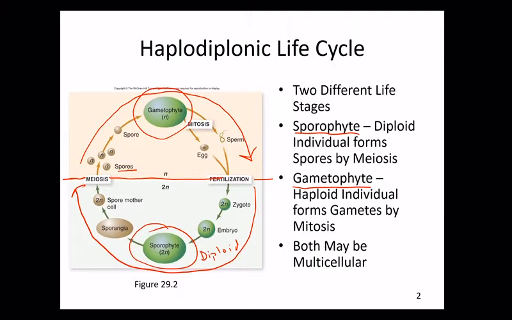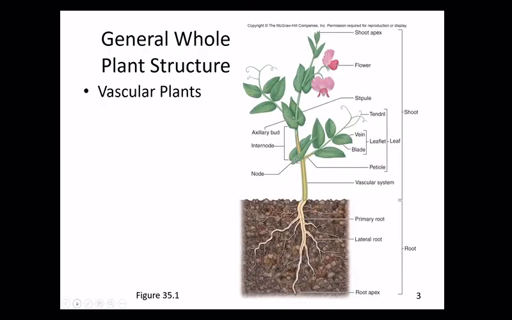So this is the basic introduction to life cycle, understanding that plants have the ability to change between these different life stages throughout different portions. And we're going to talk specifically about the vascular plants, and most of the work that we're going to discuss is most relevant to the vascular plants.